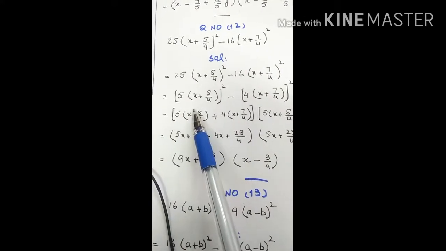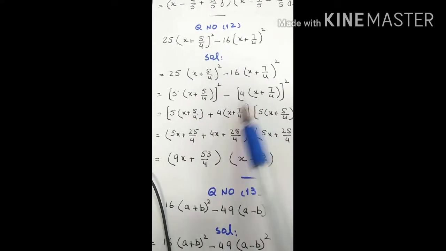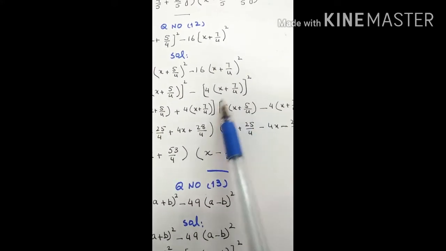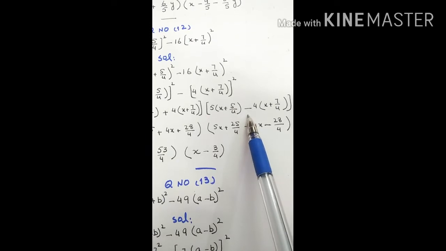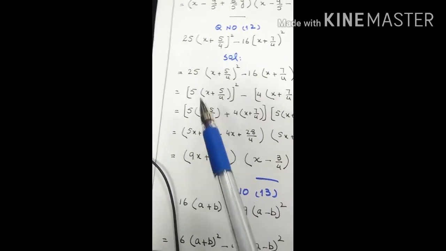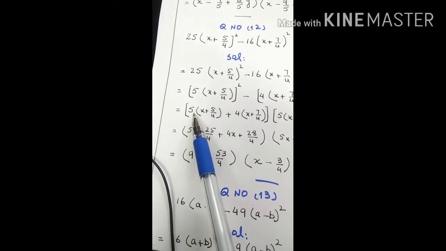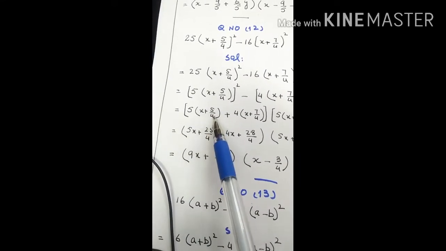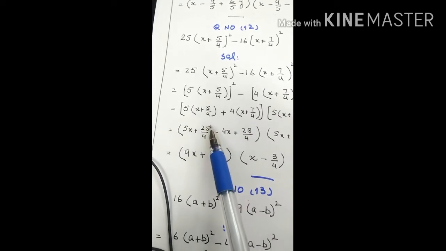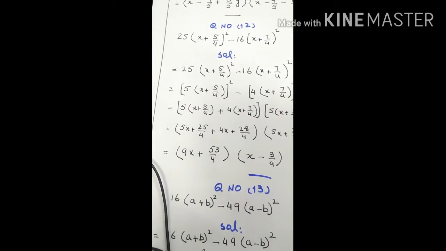A plus b, this is b. In the same way, a minus b. Now open these terms. 5 is going to multiply x plus 5 by 4. So multiply it: 5x plus 5 5s are 25 by 4.